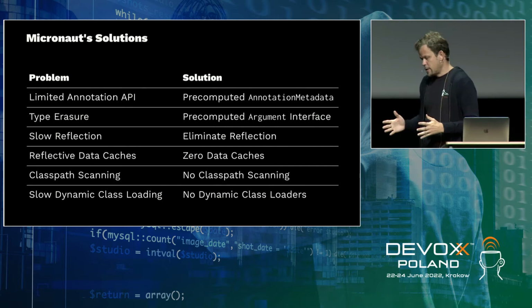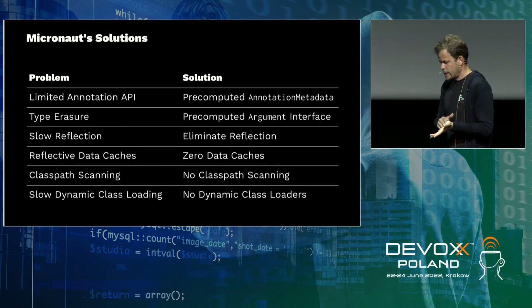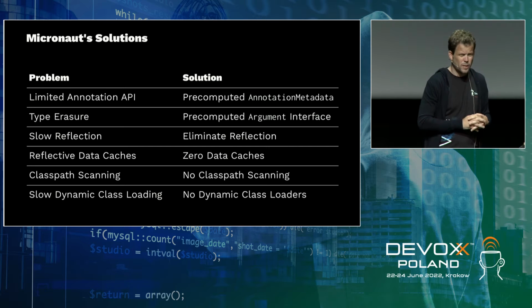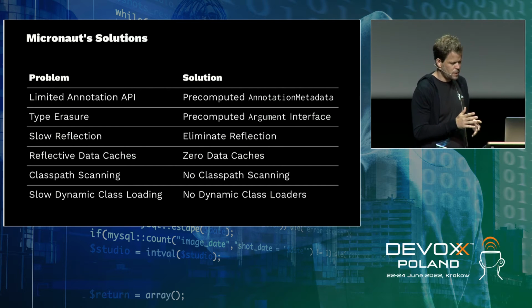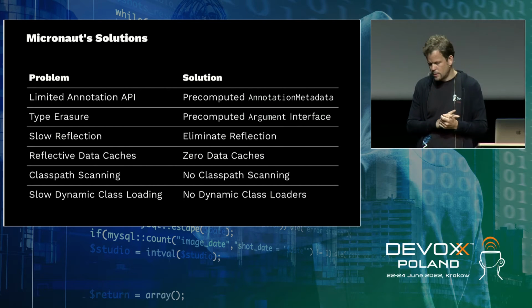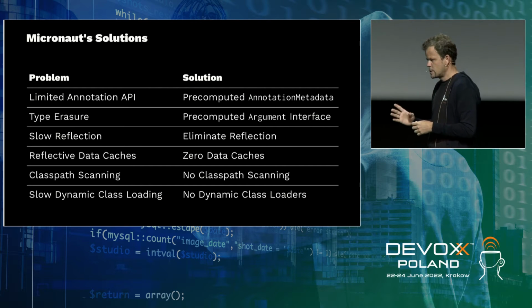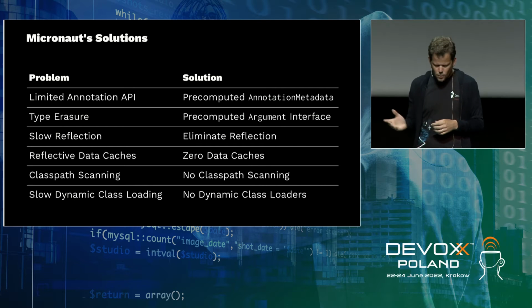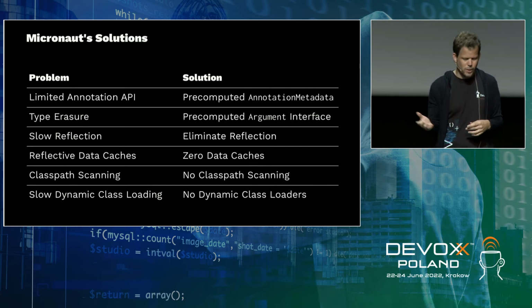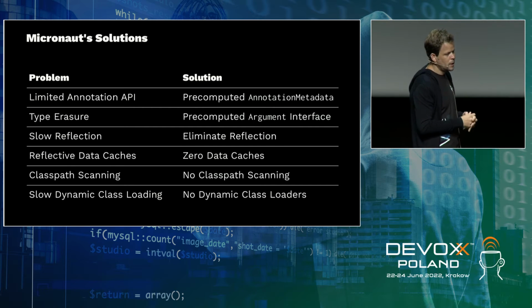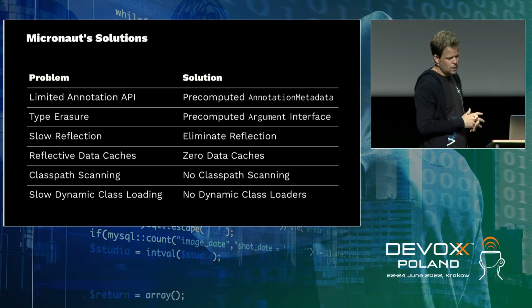We don't use reflection, so there's no reflection in Micronaut internals, any of it. So everything is direct method dispatch. That means there's no reflective data caches in the framework itself. Now, we cannot obviously prevent third-party libraries from using reflection. Micronaut cannot make miracles. But in the core framework itself, there is nothing.